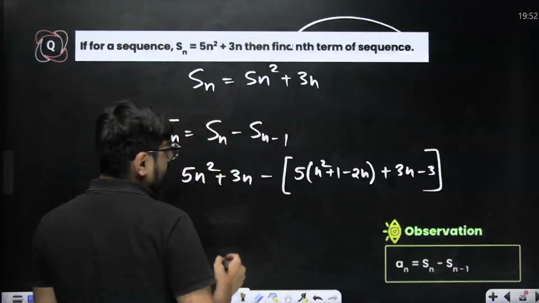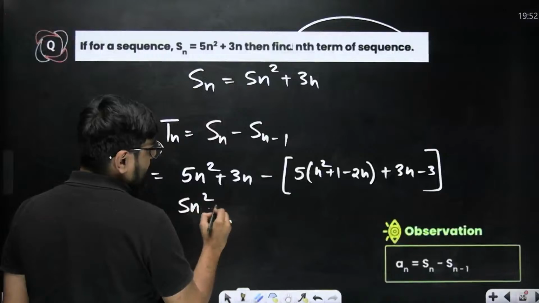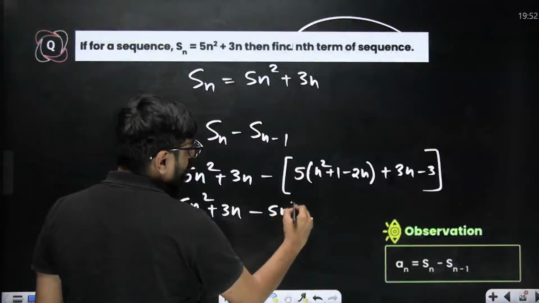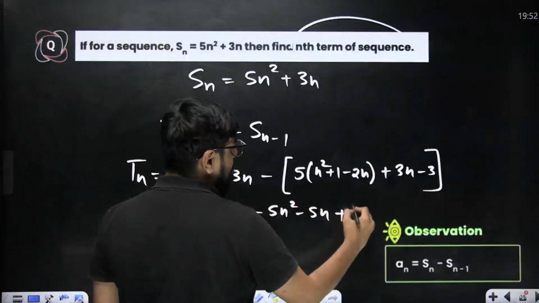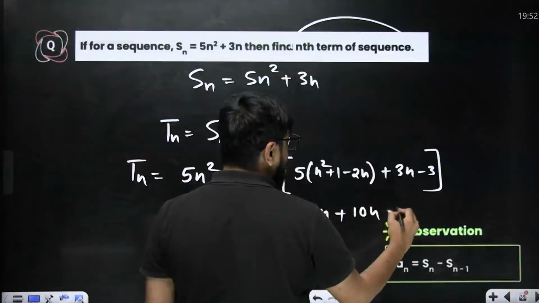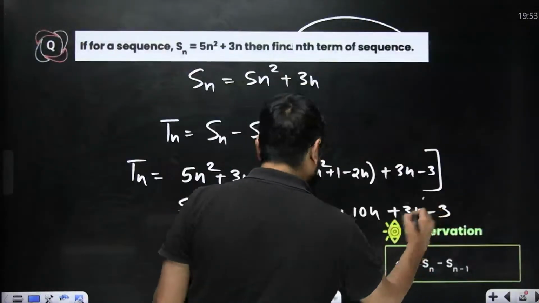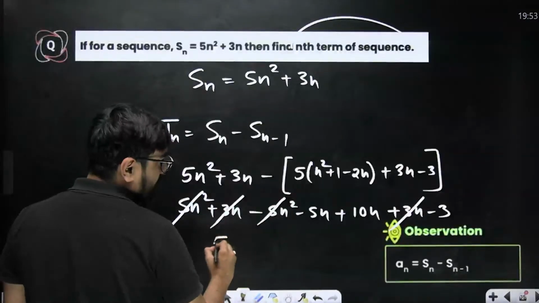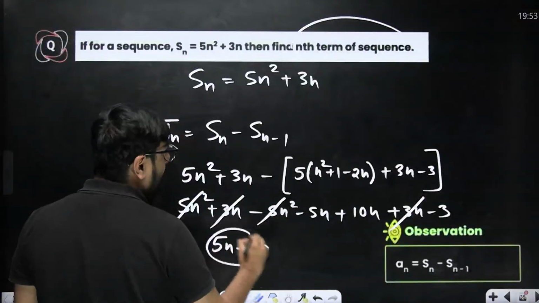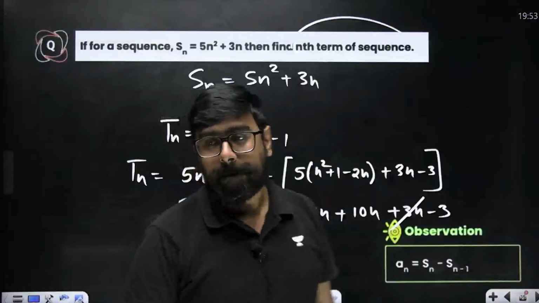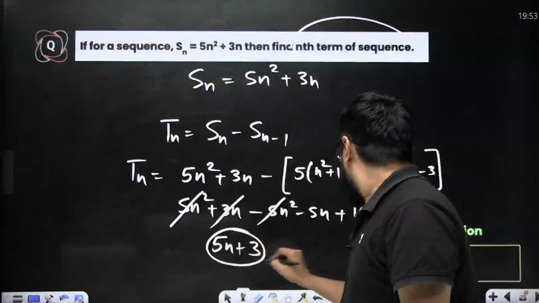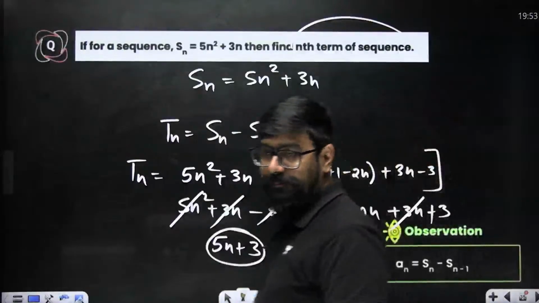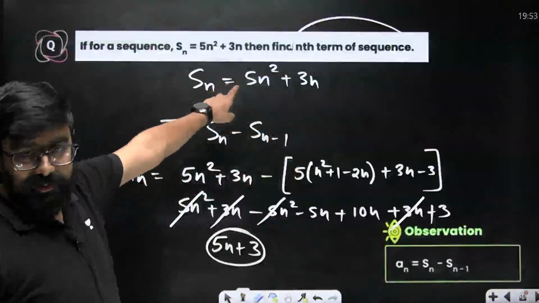So 5n square plus 3n minus 3n gone. This will be 5n square minus 5n square plus 10n plus 3n minus 3. 3n gone, 5n square gone. This is nothing but 5n plus 3. Here minus became plus. 5n plus 3. You see, that's what we realized.